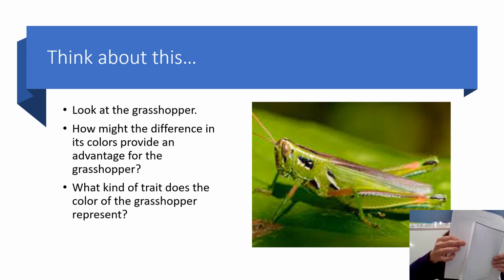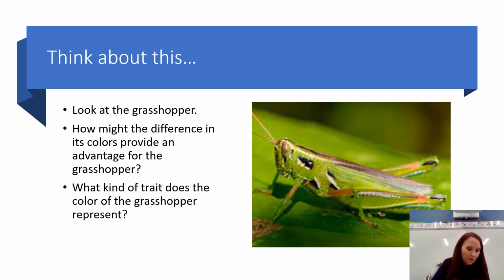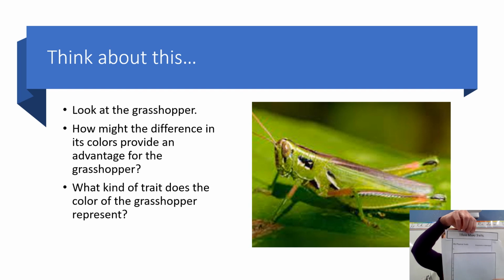Then this, when you are finished, will slide right into the pocket on your paper. So it'll kind of look like that, so it can come in and out.